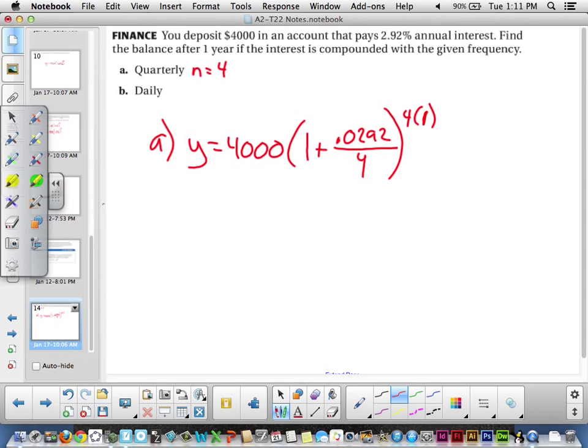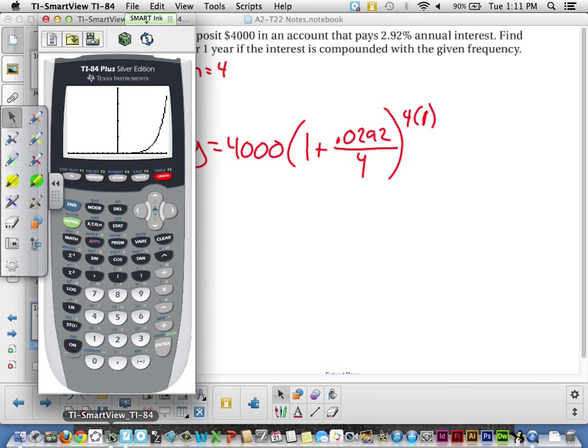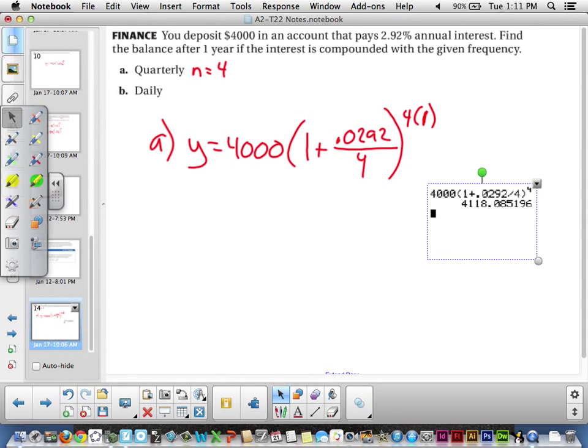Compounded 4 times in 1 year. We'll calculate that out. And you'll have $4,118 at the end of the year.